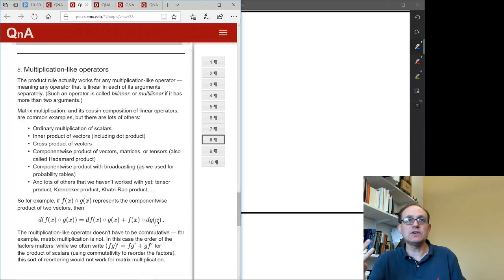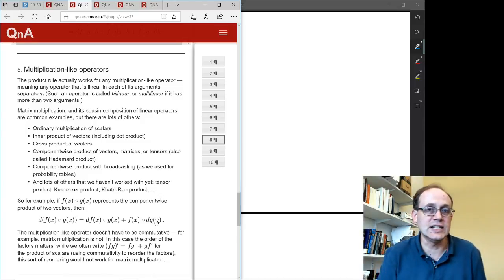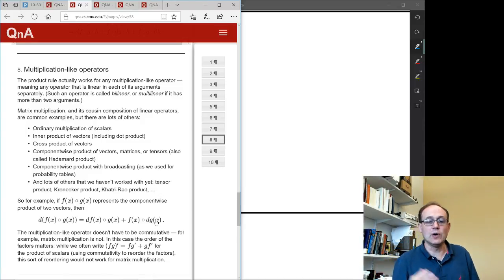The main difference from the product rule that you are familiar with is that in some of these cases, the multiplication-like operator is not commutative. So for example, if you do matrix product, you have to be sure not to reorder the factors in a product because a times b is not necessarily equal to b times a. Other than that, it's just like using the scalar product rule.